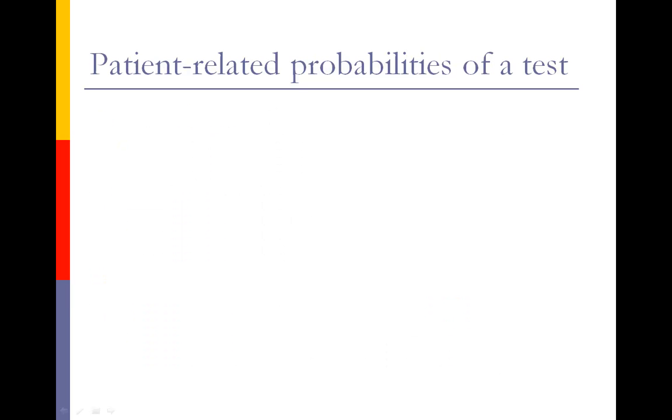All right, so now let's look again at the probabilities related to the test, but from a patient's point of view. We're not so much interested in how well the test is doing. We want to know, if a patient has tested positive, should we worry? And if a patient has tested negative, can we celebrate? Well, the two probabilities associated with this are called the predictive values.